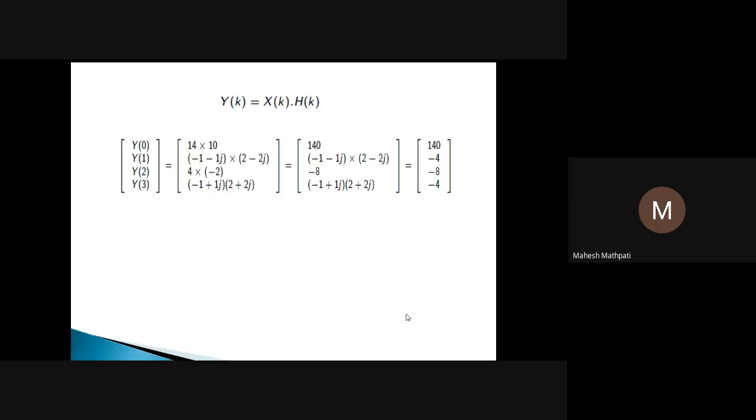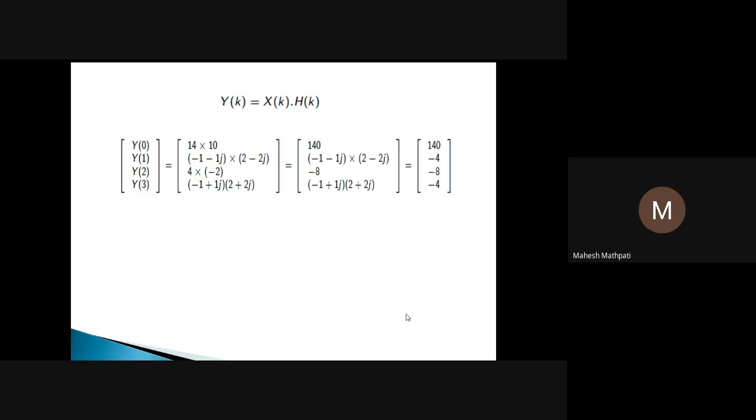This is y of k we have calculated, but we want to calculate y of n. To calculate y of n, what do we have to do? Yes, we have to apply IDFT to this.